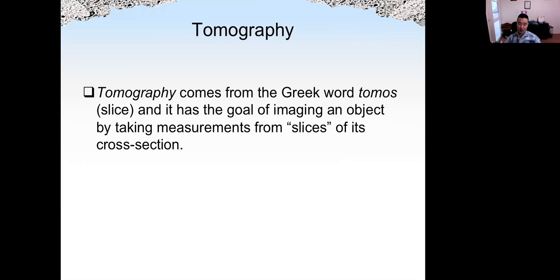Basically we use X-ray and some other radiation to give slices of the samples. The goal is to image an object by taking measurements from many different slices and reconstruct the 3D image of the sample.